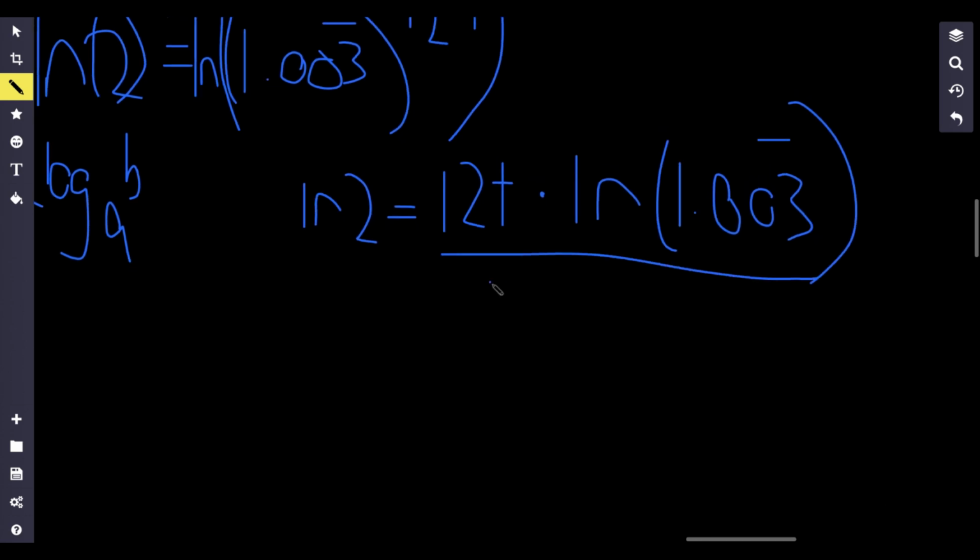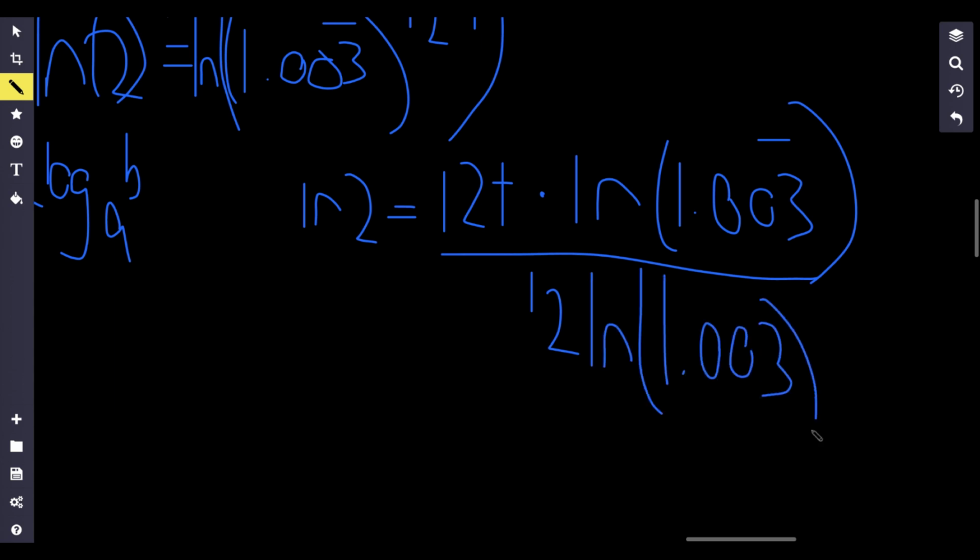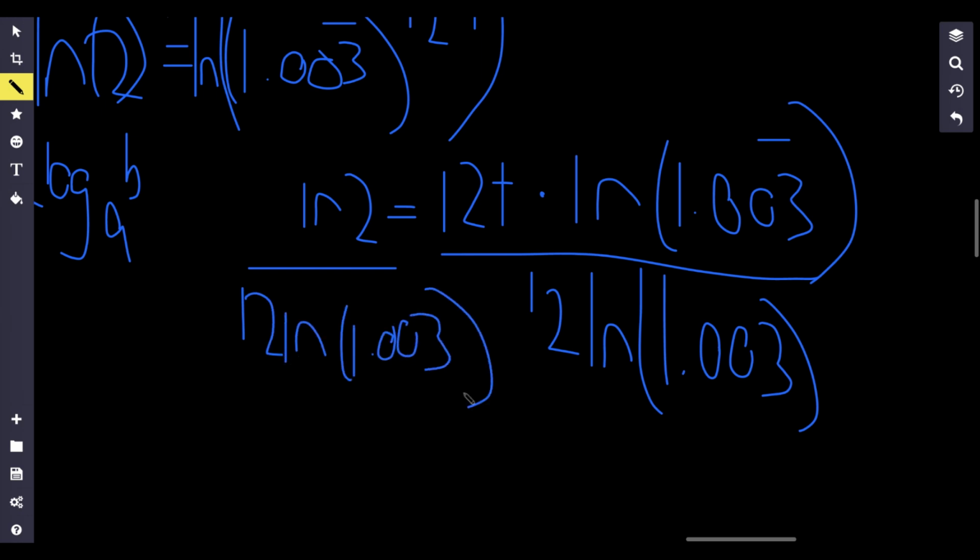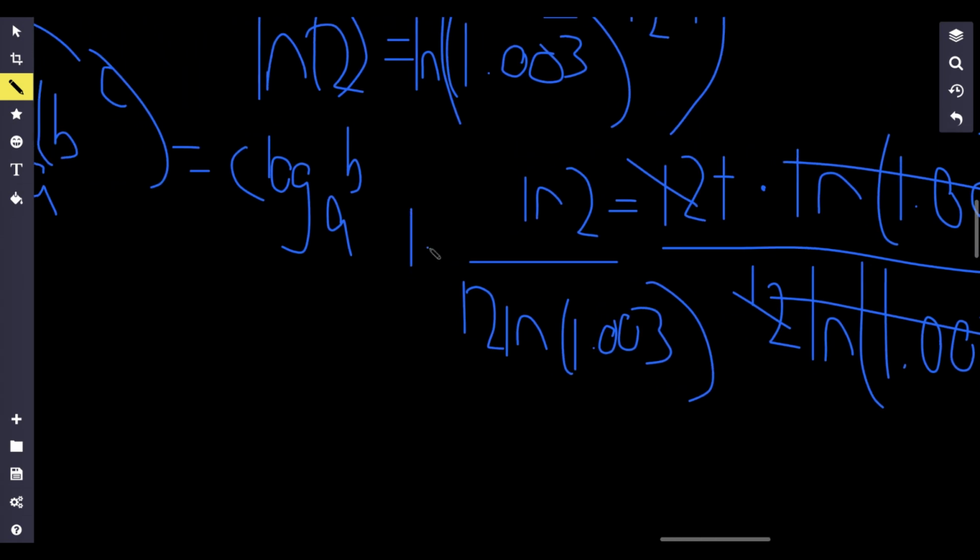We can just divide both sides by 12 ln 1.003. So now this 12 cancels out, and this ln cancels out, so we're just left with t. So t is equal to ln of 2 divided by 12 ln of 1.003 repeating.